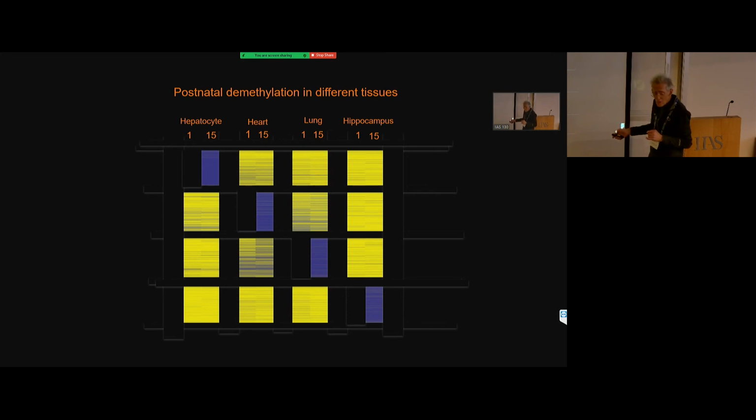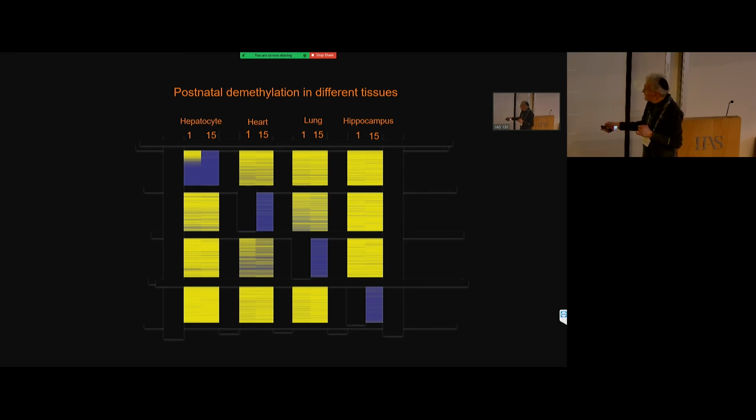But not all of this occurs during development. If you take a look at birth, the newborn, there are sites that were demethylated during earlier embryogenesis and remain unmethylated in the hepatocyte, as we would expect.